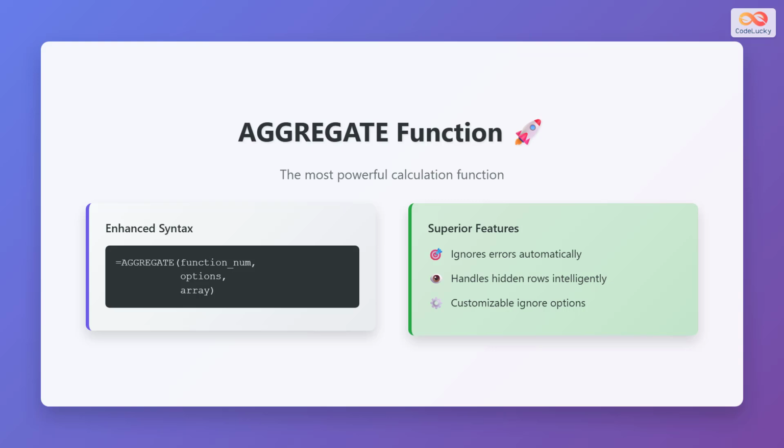In addition to specifying the calculation type and the range of cells, aggregate also includes an options argument, which lets you customize how the function handles errors, hidden rows, and other nested calculations. Superior features of aggregate include its ability to automatically ignore errors, intelligently handle hidden rows, and offer customizable ignore options.